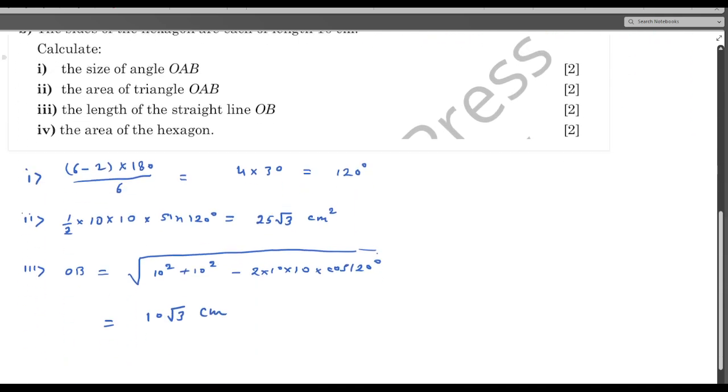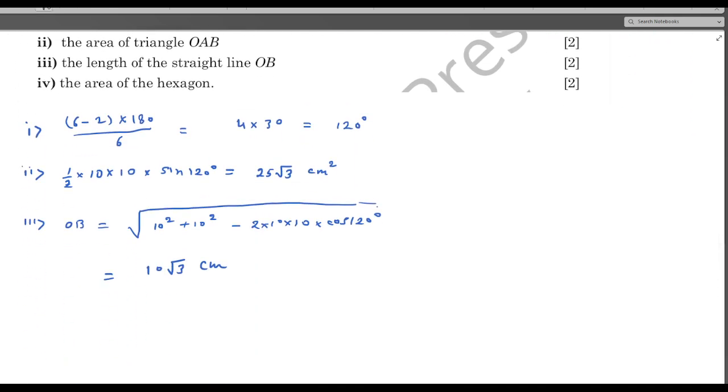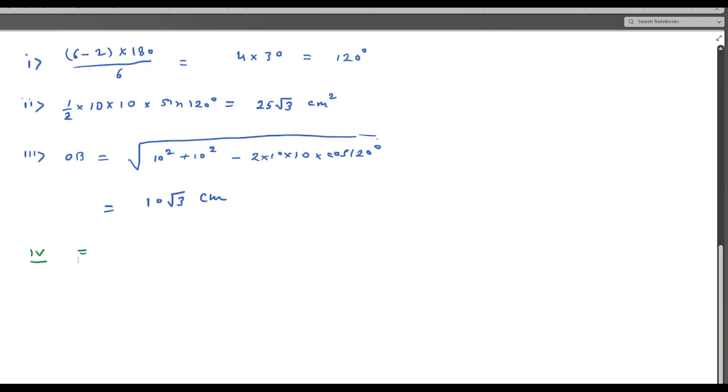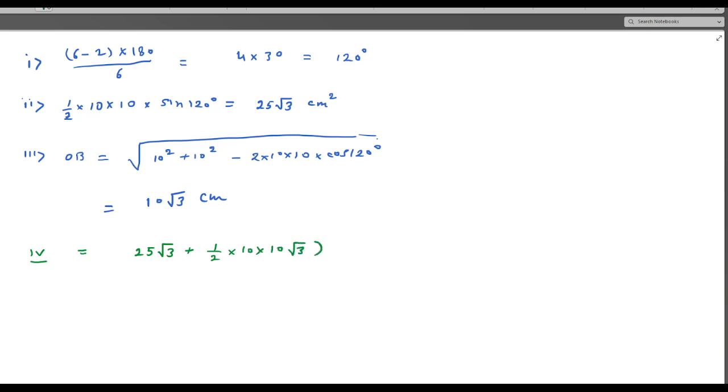So here required area, fourth problem, is going to be equal to, now area of a triangle is 25 root 3, plus area of right angle triangle, which will be 1 by 2 times 10 times 10 root 3, and this whole thing will be multiplied by 2 because I have two such triangles, right?